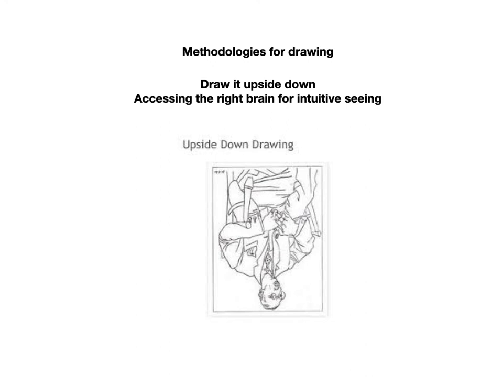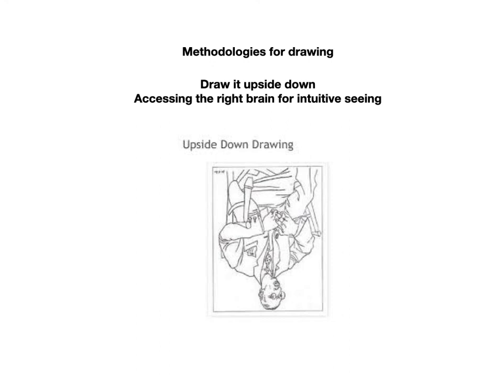So the last thing that I'm going to say about drawing is that ultimately it's about conveying perception. Maybe all art is, but drawing is particularly about this. And so something you can try for fun is to try drawing something upside down.